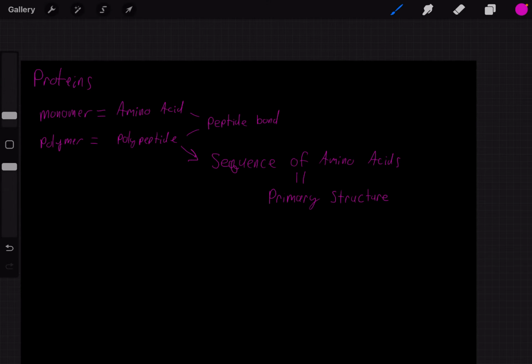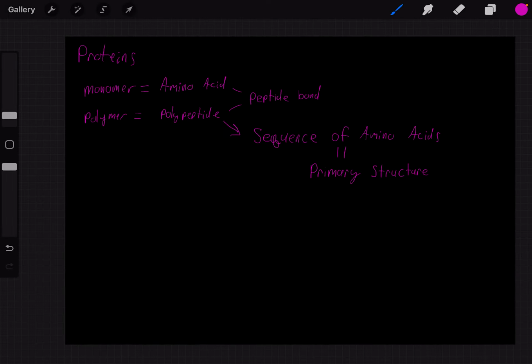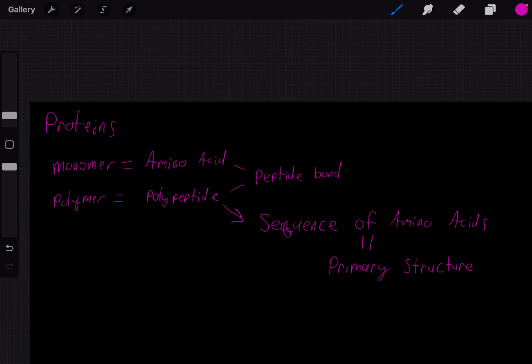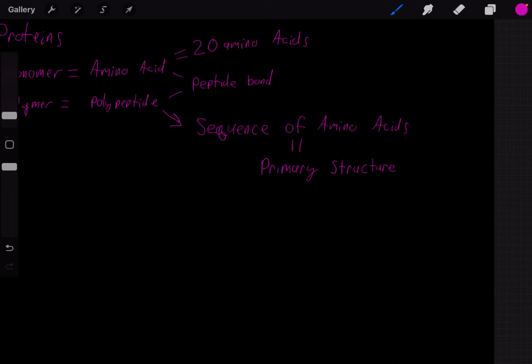The sequence of amino acids is the exact same thing as primary structure. The amino acid is a monomer, and there are 20 different types of amino acids, and with them in different combinations, they equal the primary structure.